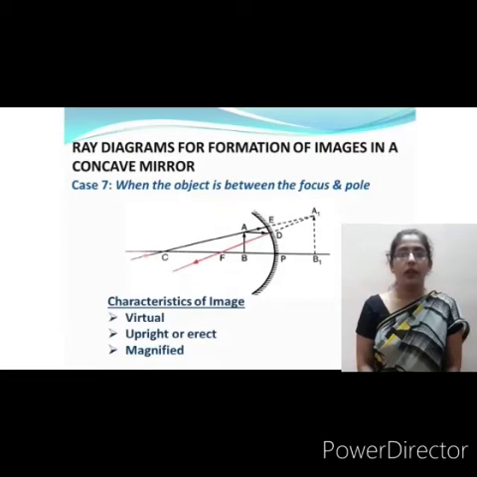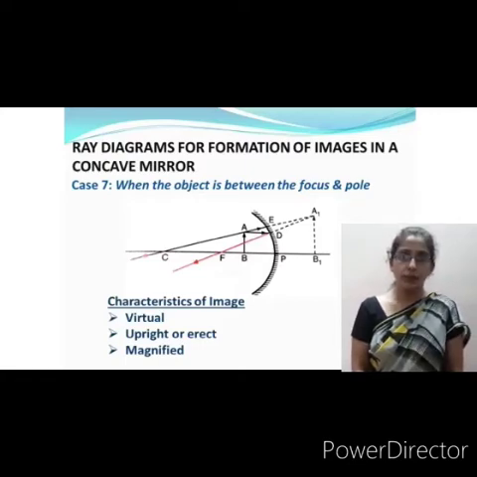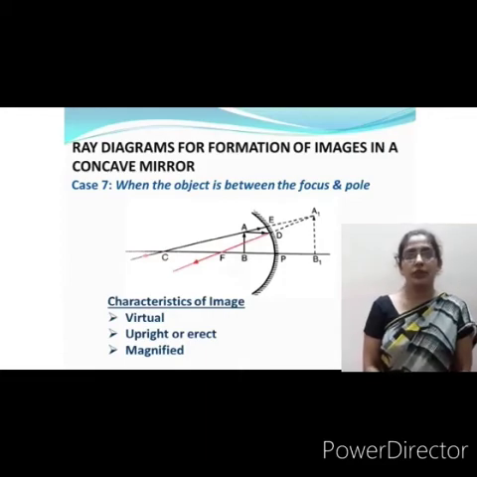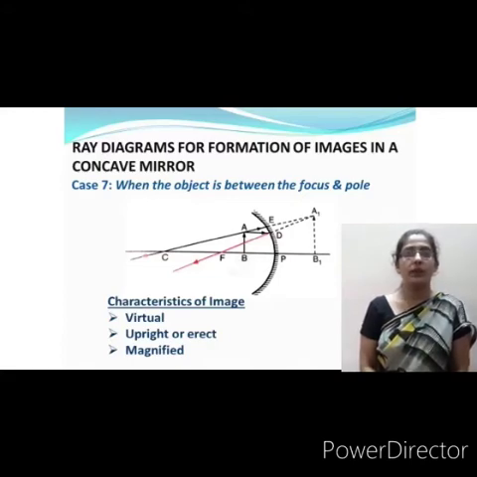Case 7, when the object is placed between focus and pole. Consider an object AB placed between focus and pole. Again we will take two rays. The first ray AD parallel to the principal axis, which after reflection will pass from the focus. Second ray will again appear to come from the center of curvature, that is AE.